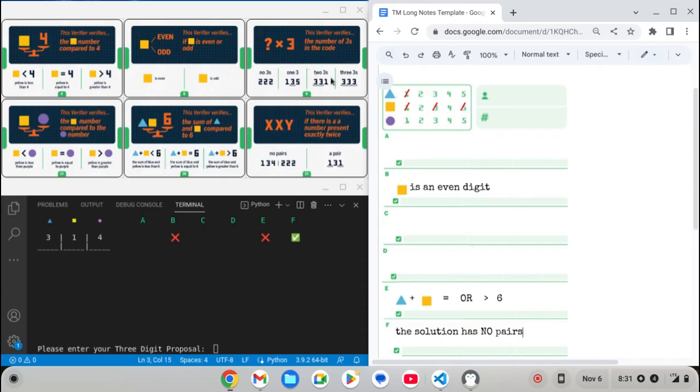Well, at this point, I don't think you could have 3 3s or even 2 3s. So I think either the 3 is there or it's not. So that may be a 50-50.